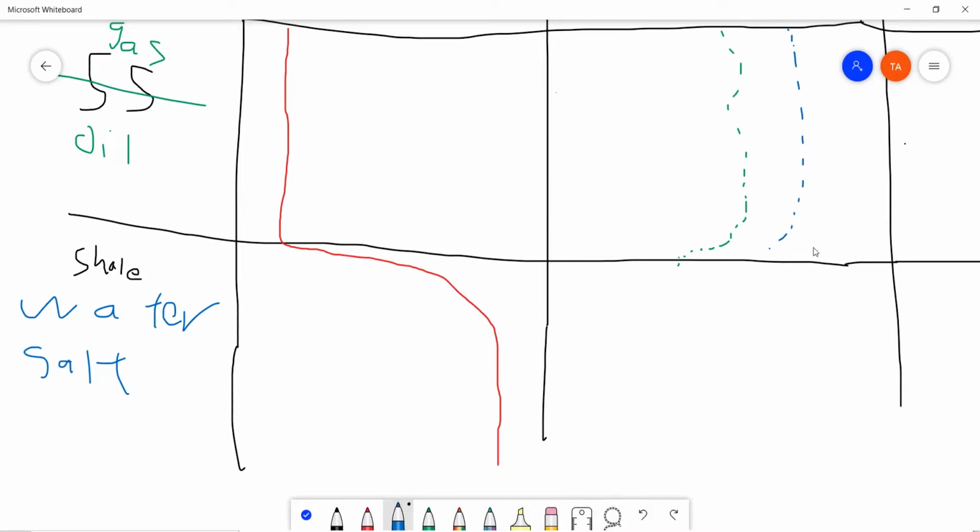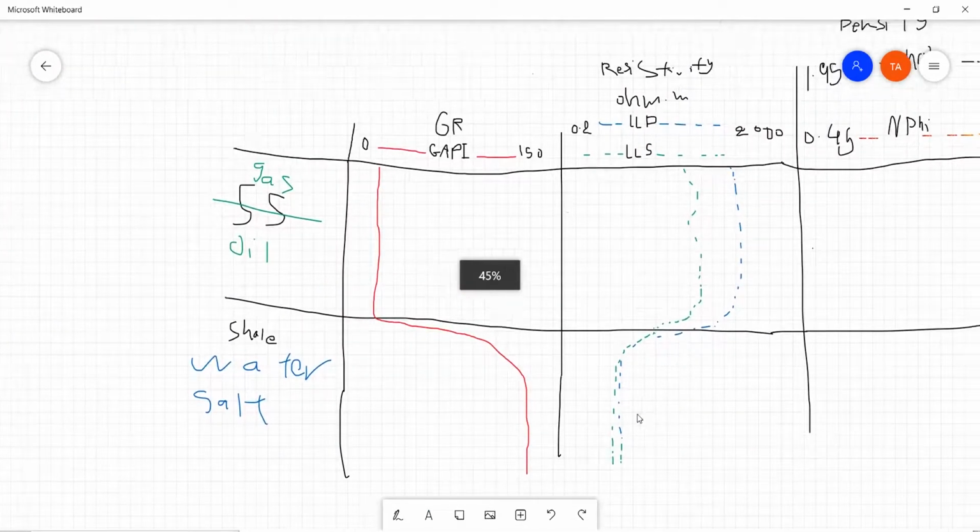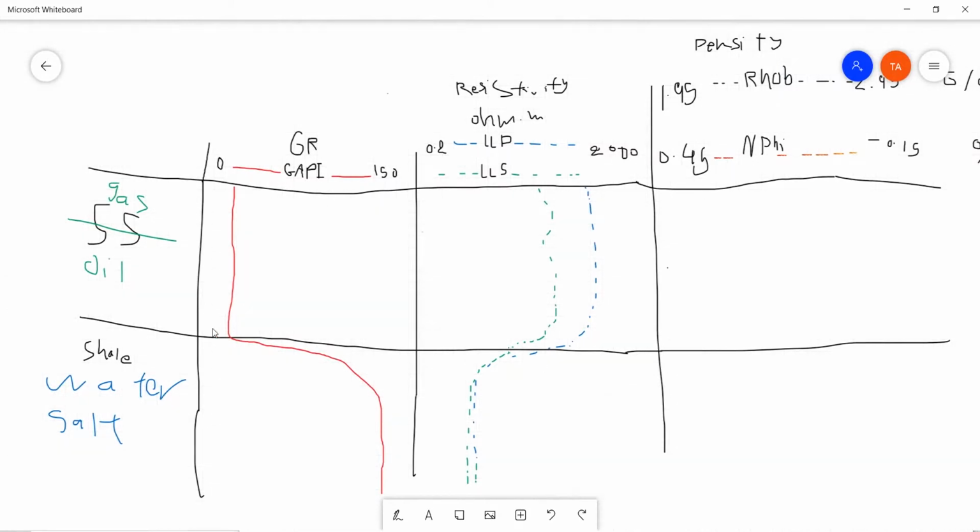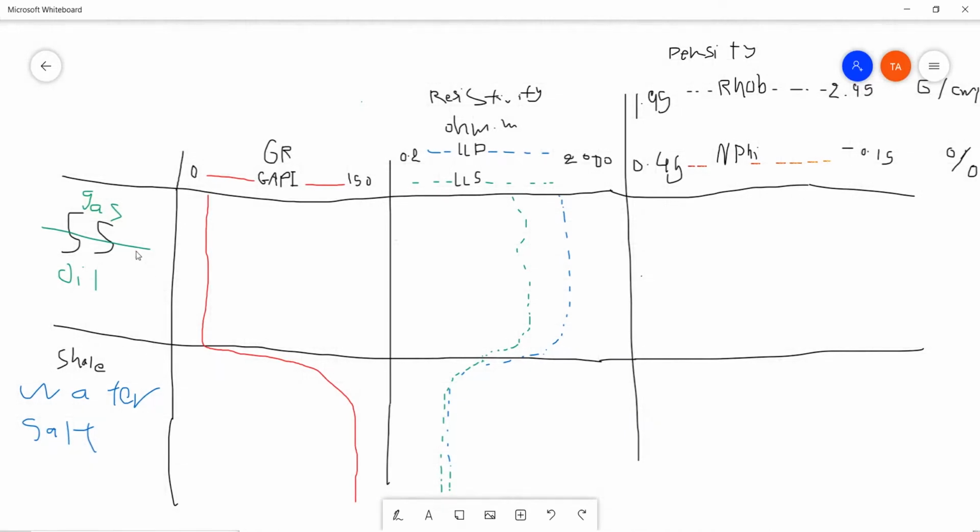Now the resistivity for salt water and shale is much lower than the resistivity for hydrocarbons. So it will be like this. So this is the response of resistivity for sandstone and shale, for hydrocarbons and water.